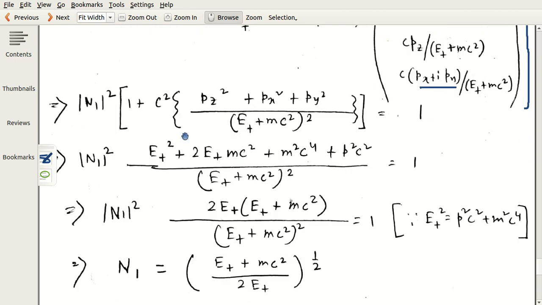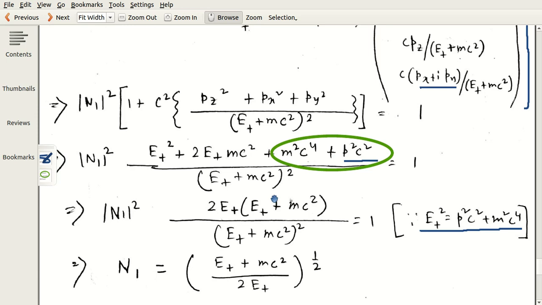Just calculate the matrix multiplication, and then replace px square plus py square plus pz square by p square, and then use the relation E square equal to p square c square plus m square c to the power 4.